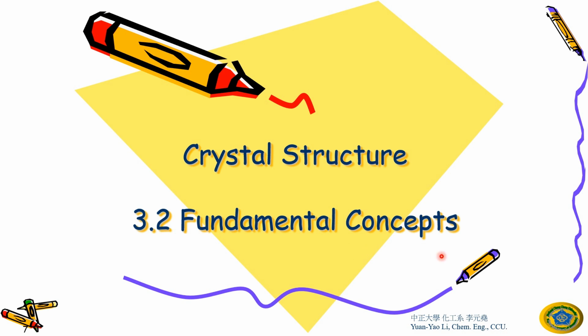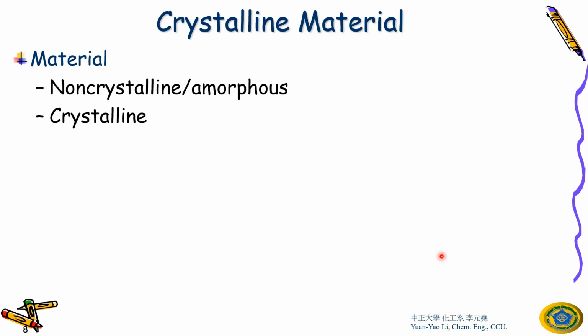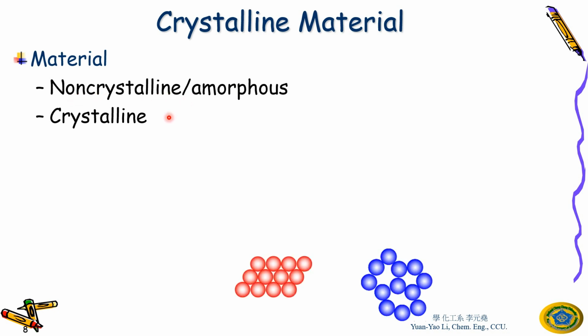So for crystal structure, we have 3.2, the fundamental concepts. First of all, let's define what is crystal, what is non-crystal. Non-crystal, sometimes we call amorphous material, or it can be called non-crystalline material. So what is crystal? If you take a look at these two structures, I'm sure you understand very quickly.